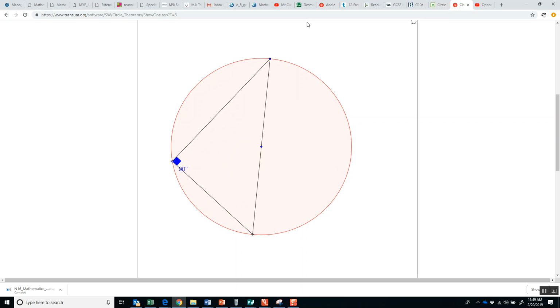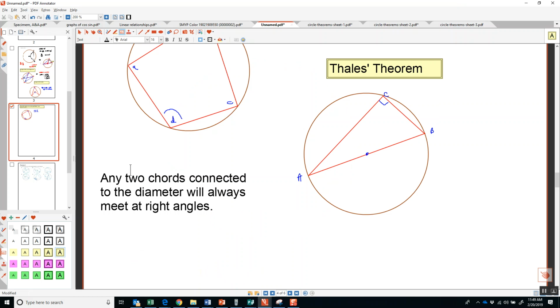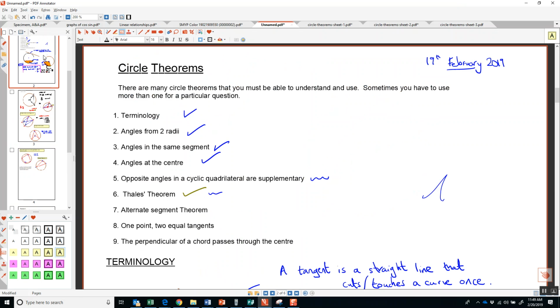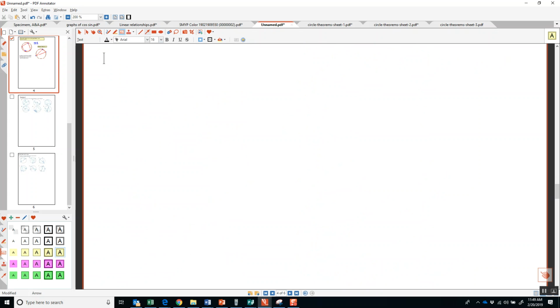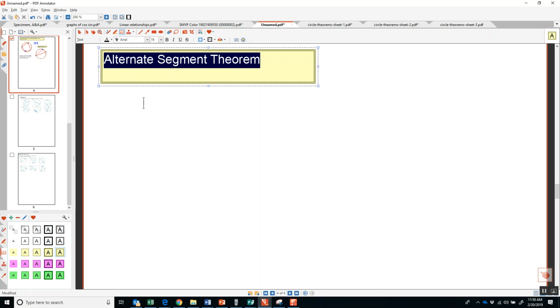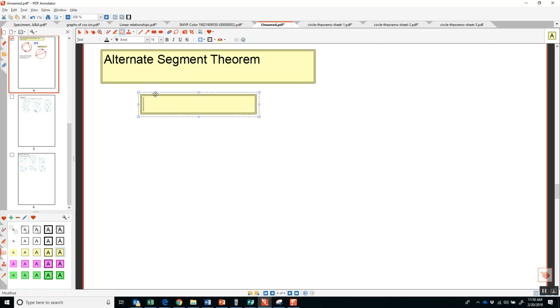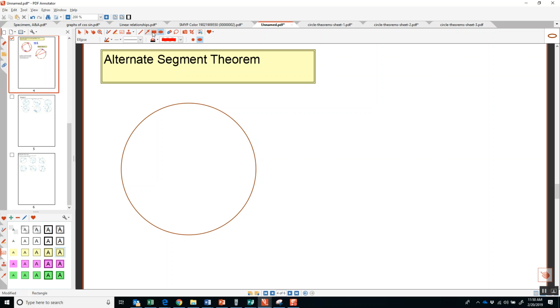All good? And the last one we want to look at today before you practice some of these is the alternate segment theorem.